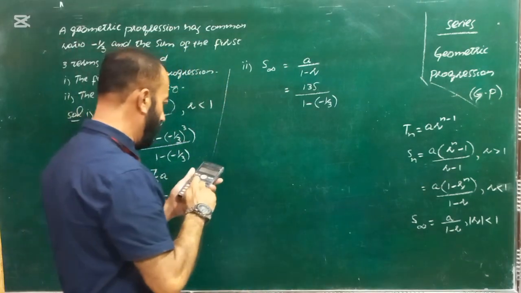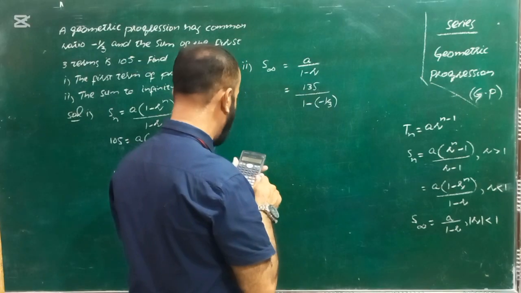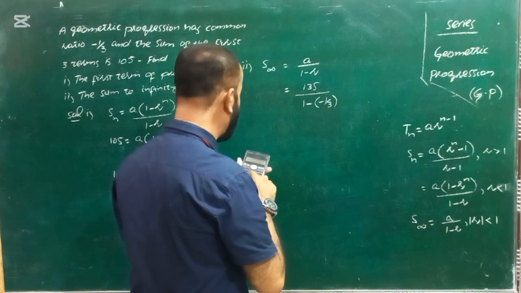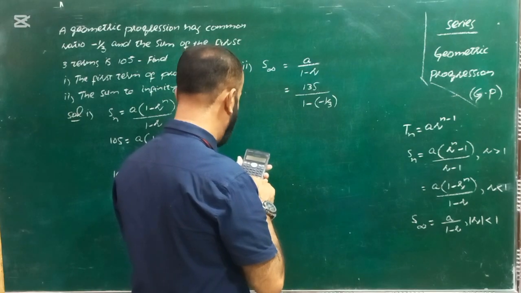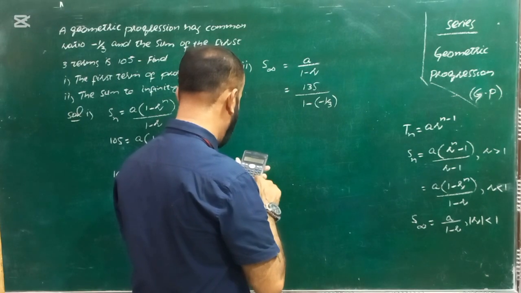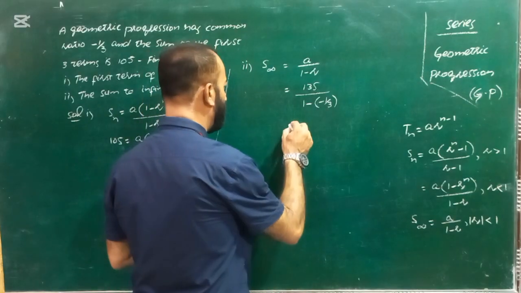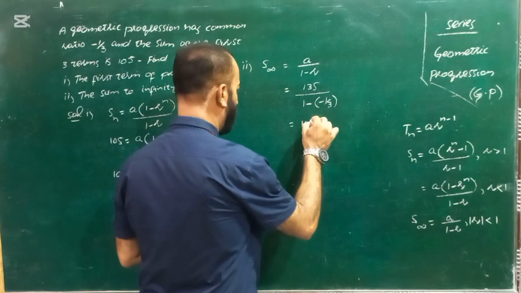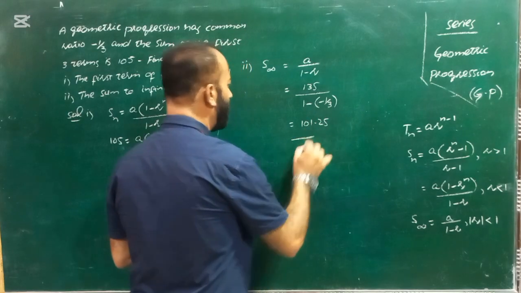So solving it now, 135 divided by bracket start 1 plus 0.333. So the answer is 101.25. So this is the answer.